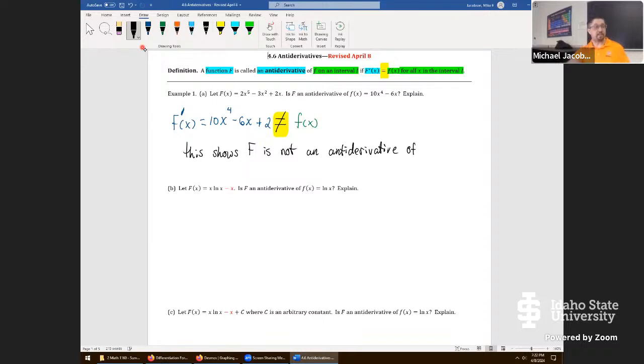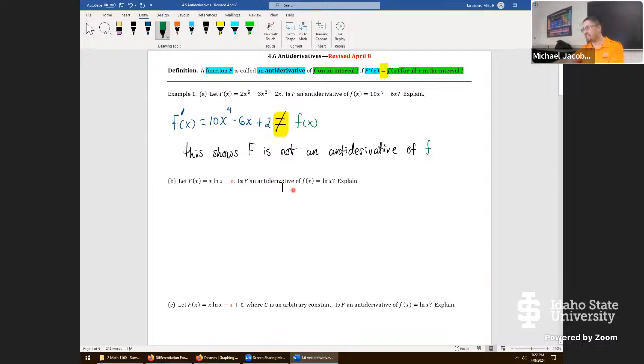It's an antiderivative of something, but it's not an antiderivative of the original function f being mentioned right here. So that's how that one goes. And it's comforting to know that even though we haven't discussed how to produce the antiderivative, the check is really just doing chapter 3 again, checking your answers through differentiation.